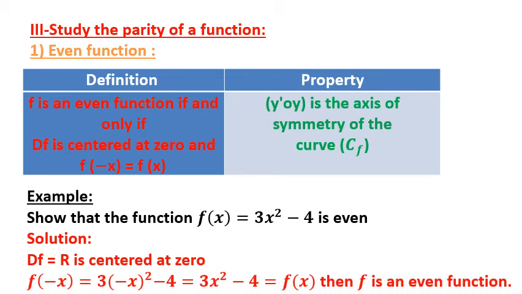Then we calculate f(-x). We substitute x by -x, and we get that f(-x) = f(x). Then f verifies the two conditions, so f is an even function, and the y-axis is the axis of symmetry of the curve representing f.